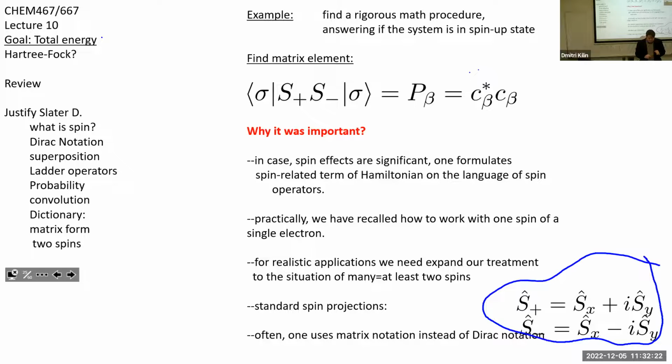And we can roll back, expressing the position operator as a summation of creation and annihilation, momentum as a subtraction. You remember this.